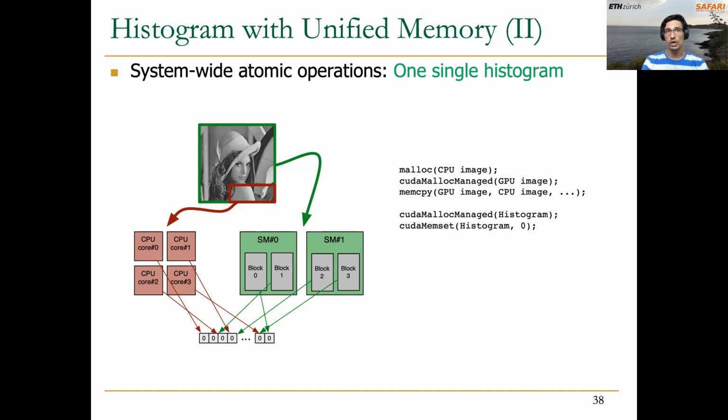So that allows us to have a single histogram for the whole system in the unified memory, and we can program this very easily by having CPU threads and GPU threads creating the same histogram at the same time. Of course, this may have some performance overhead, because these system-wide atomic operations are not going to be for free, but the key advantage that we can already observe is that it's much easier and much more intuitive to program.